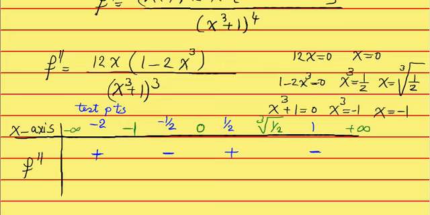Our verdict about F is that it is concave up, down, up, and down. We discovered something quite interesting now, that our picture that we drew is actually incorrect. We have an inflection point here and here.